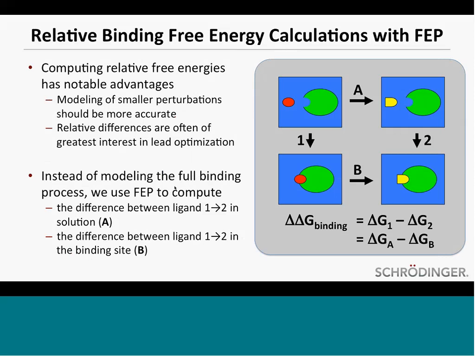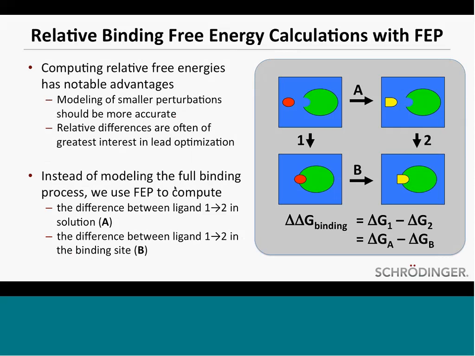And because of the way that free energy perturbation works, the modeling of smaller perturbations is by definition more accurate. And in any case, for a practical application in lead optimization where you start from a ligand with a known affinity, you're actually only interested in the relative difference.